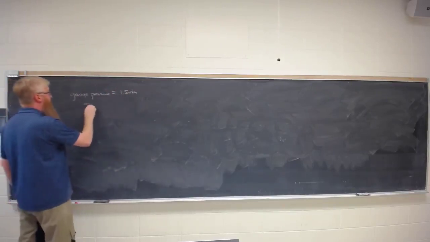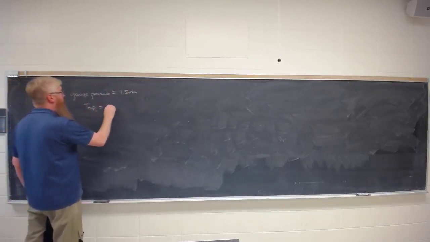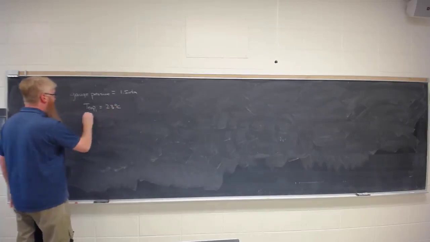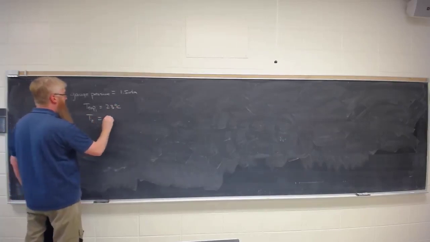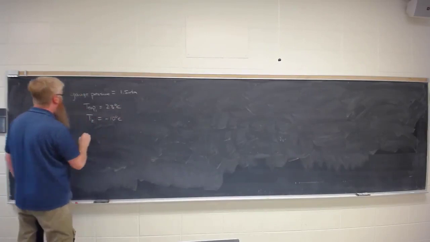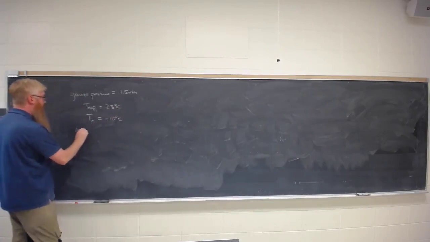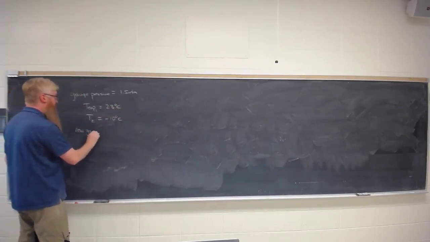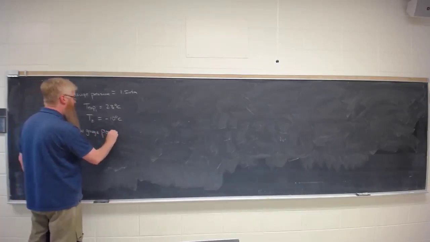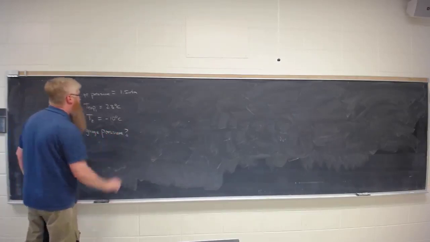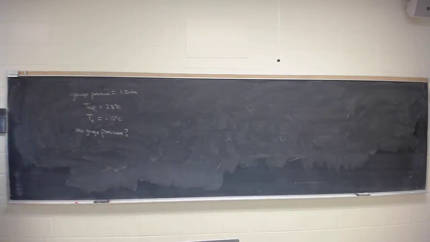The temperature went from 23 degrees Celsius to, let's say, minus 10 degrees Celsius. What is the new gauge pressure? Assuming constant volume, constant number of particles, right?